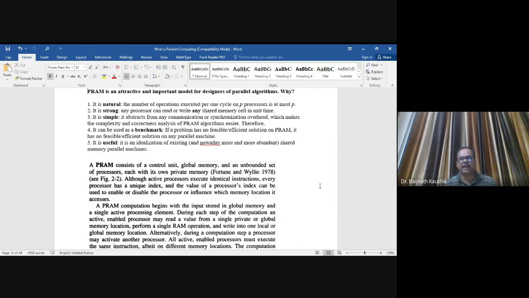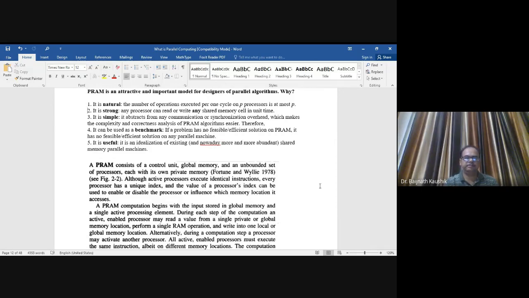If a problem has no feasible or efficient solution on PRAM, then we cannot say that it has a feasible solution on any other parallel machine. It is useful. It is an idealization of existing shared memory parallel machines.